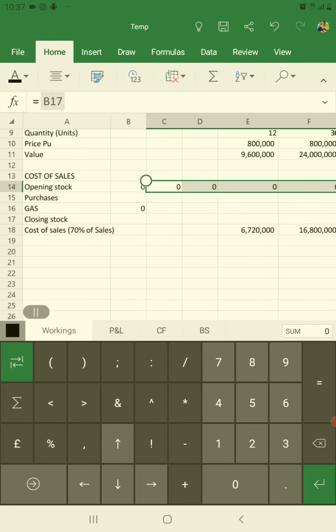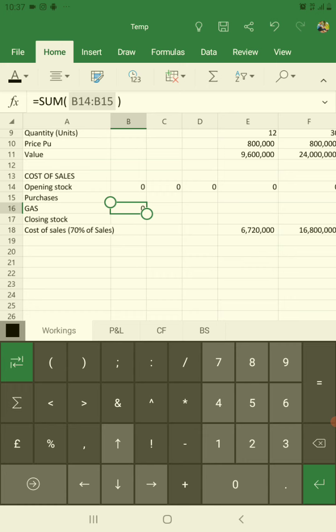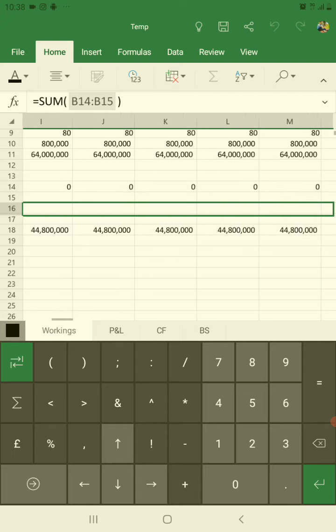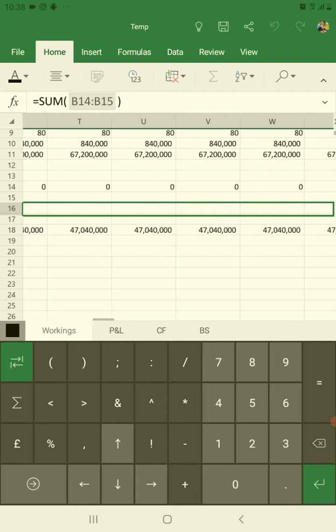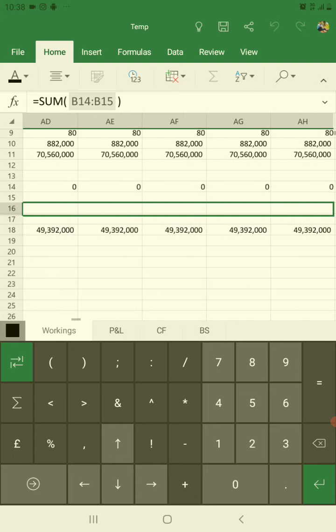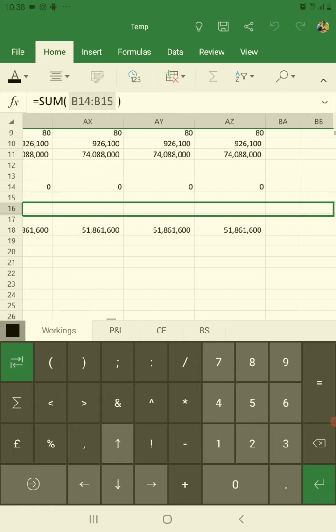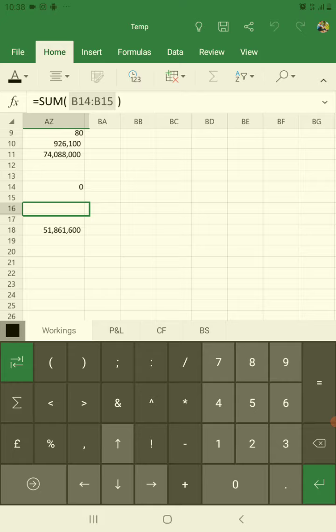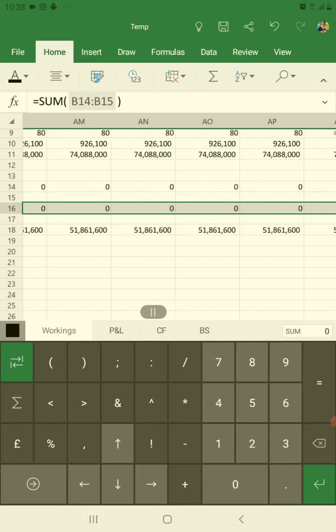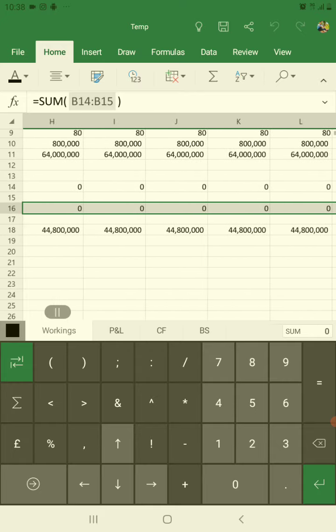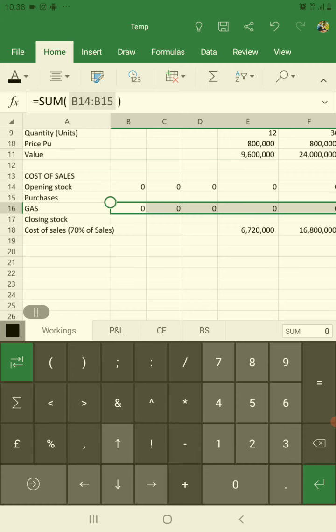Then after that, goods available for sale, we have the formula here, so I can fill it also because it is the same formula throughout the projection periods. And then closing stock.